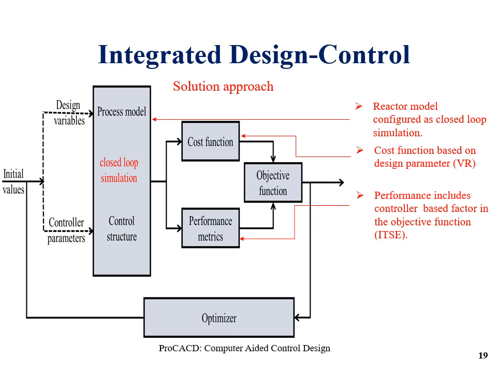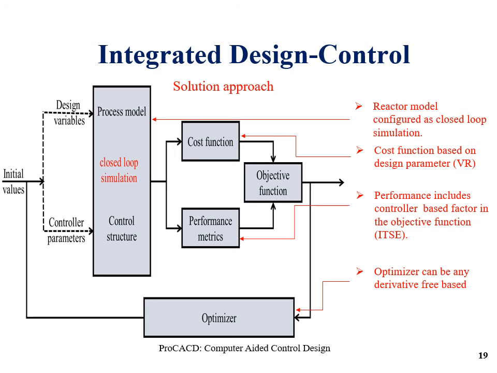Based upon these two, the cost function and the performance metric, you will come up with an objective function that has representations from both the process design and the controller design. Then you can use any derivative free optimizer in the outer loop.